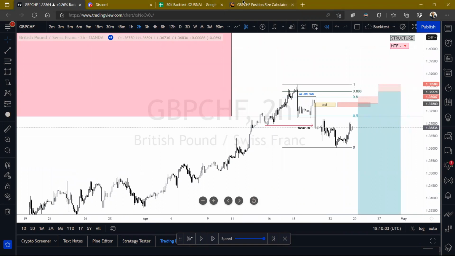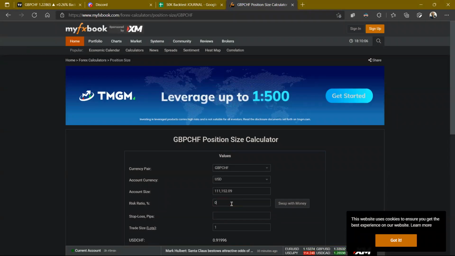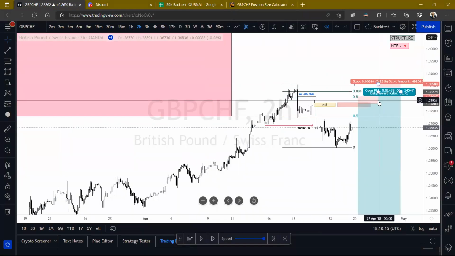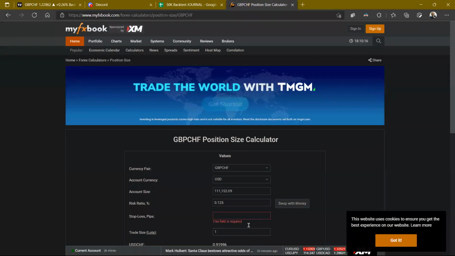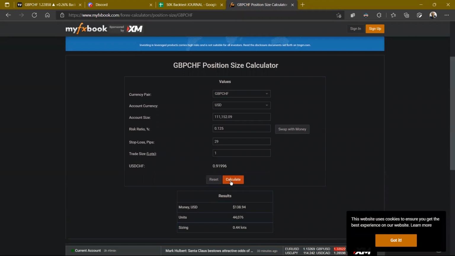And according to my plan, this is going to be half rate. So it's going to be 1.5%. Stop loss in pips is 28. I'm going to put 29, including spread. I'll calculate.